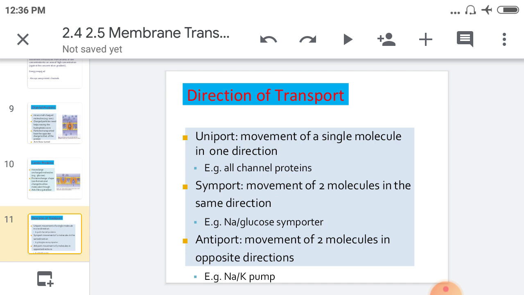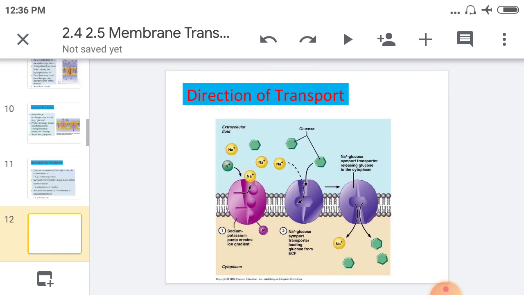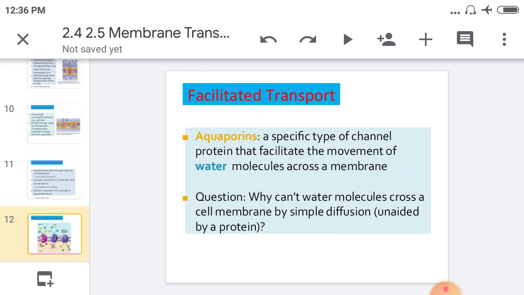Then antiport means movement of two molecules in the opposite direction, for example the sodium potassium pump. Here also is the direction of transport. In the sodium potassium pump, 3 sodium and 2 potassium are transported and one cycle is completed.